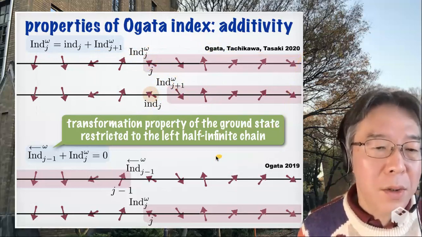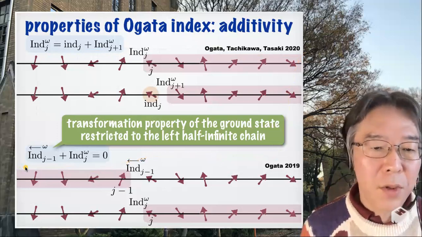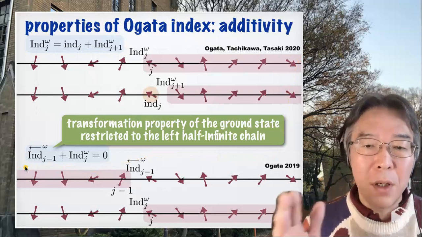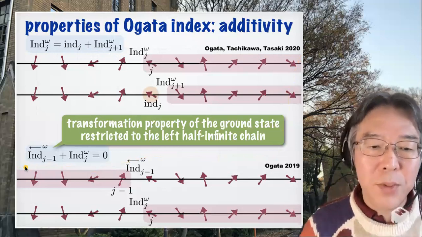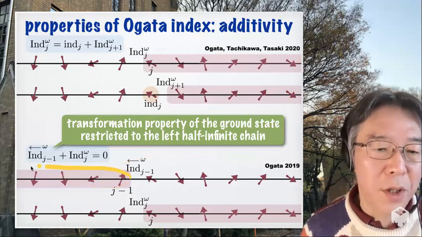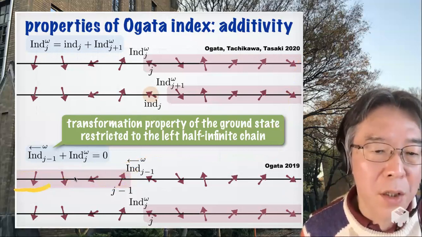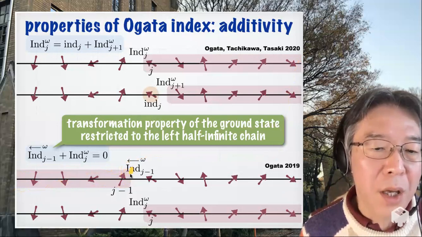And this is another additivity. So actually, we were only talking about transformation properties of the right half infinite portion of the chain. But of course, you can look at the transformation property of the ground state restricted on the left half infinite portion of the chain. So this index with the left arrow indicates the transformation property of the left half.